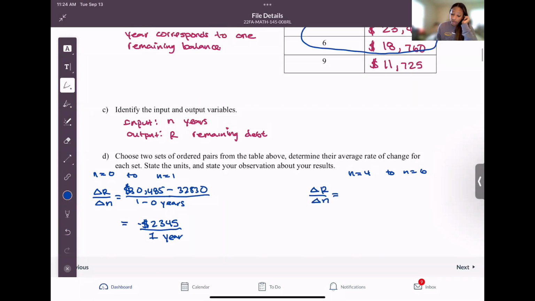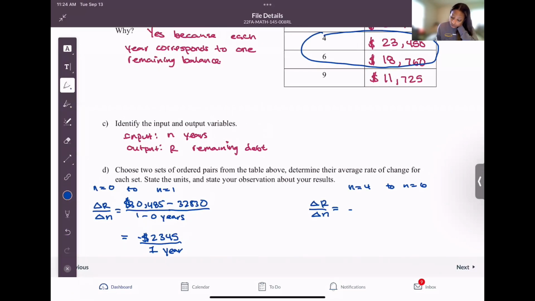All right, now we're going to use the same calculation but with different numbers because we're going to look at n equals 4 and n equals 6 for the next one. Our numerator would be the change in the balance. So $18,760 minus $23,450, and then over 6 minus 4 years. All right, let's calculate that. 18,760 minus 23,450.